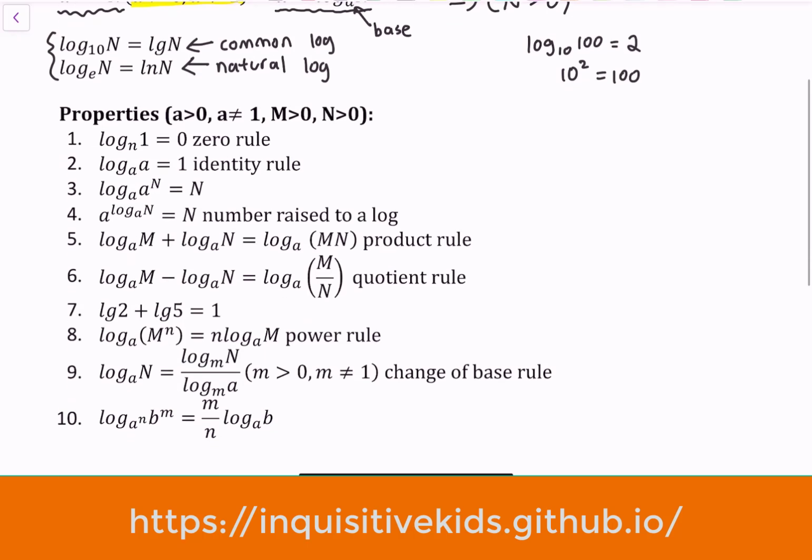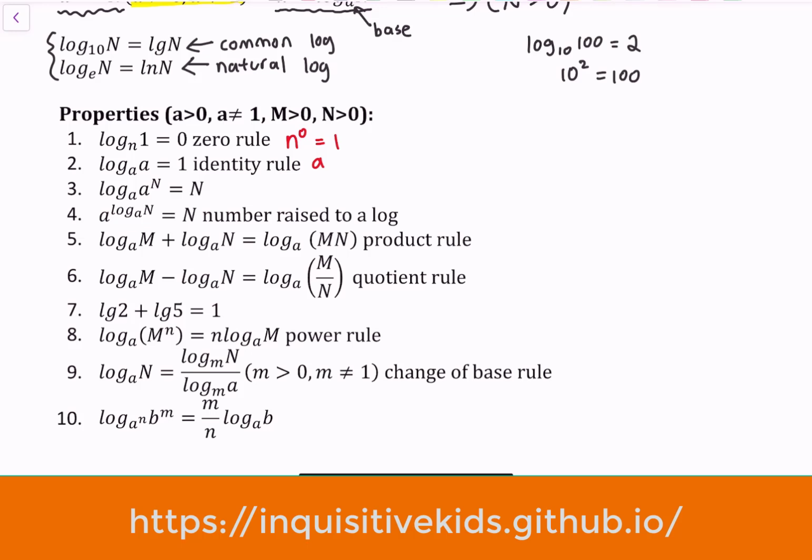The first property is the zero rule. We can understand this easily if we rewrite it in terms of exponential form. If we take n, a number, to the power of 0, we would always get 1. So this first rule is fairly easy to comprehend. Now, what about our second rule?